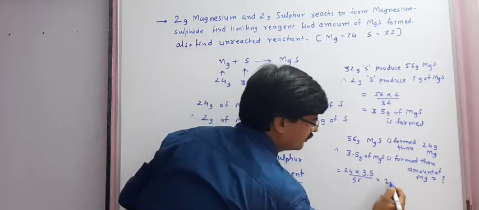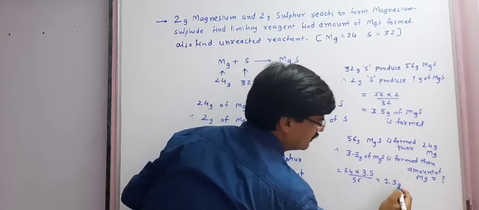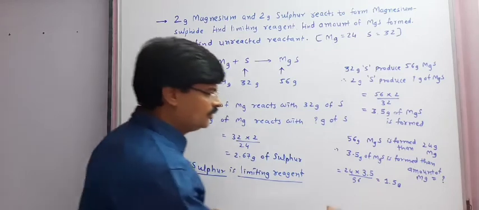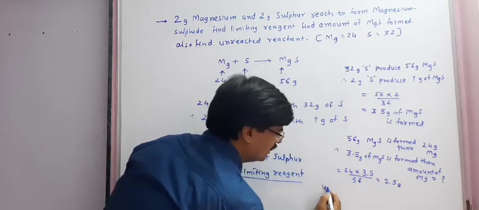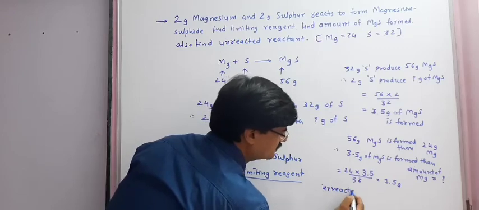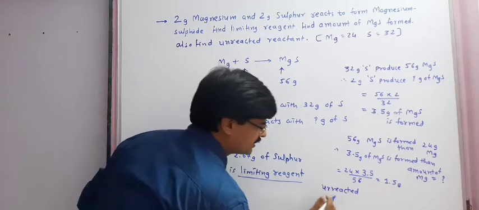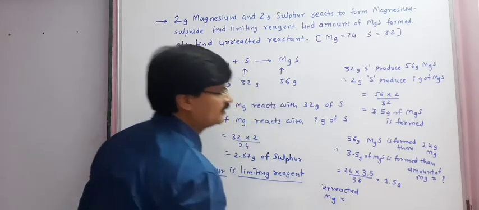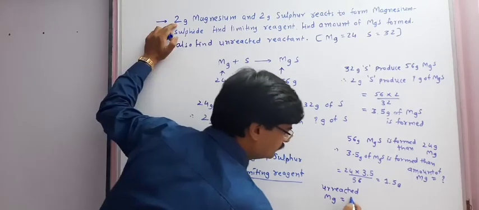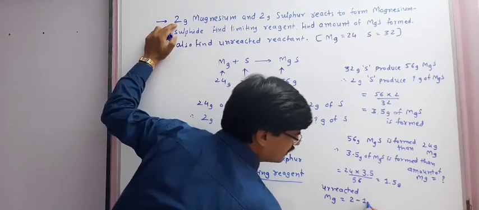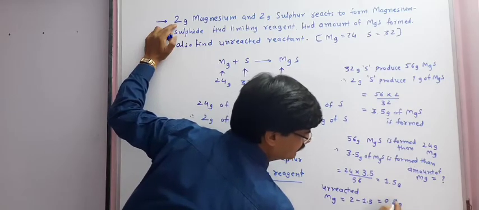We will get 1.5 gram. So we can say unreacted magnesium is equal to, it is given 2 gram minus 1.5 is equal to 0.5 gram.